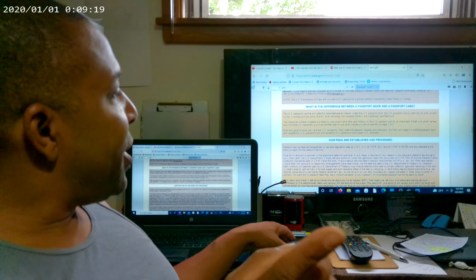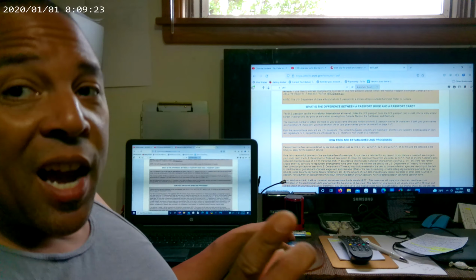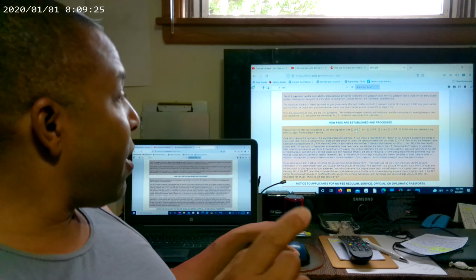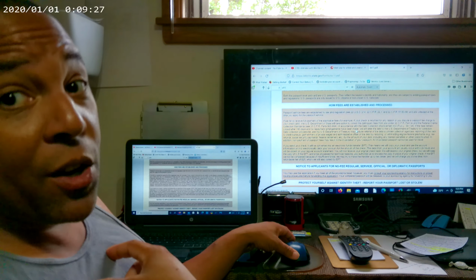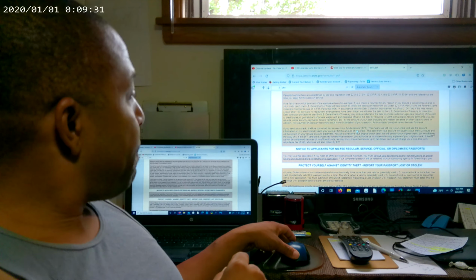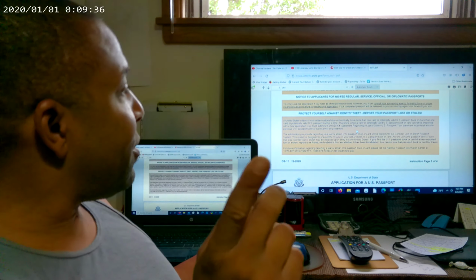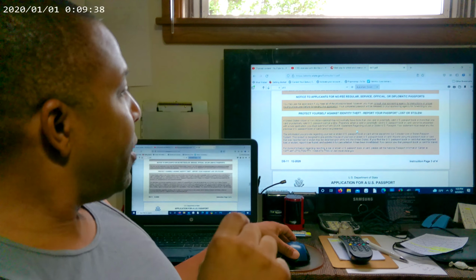They now talk about the difference between the book and the card, because the card is not valid for international travel, which we already knew. Even though they didn't say it on here, we knew that. Brought that to you guys first as well. Diplomatic passports, so once again they do have those kind of things.